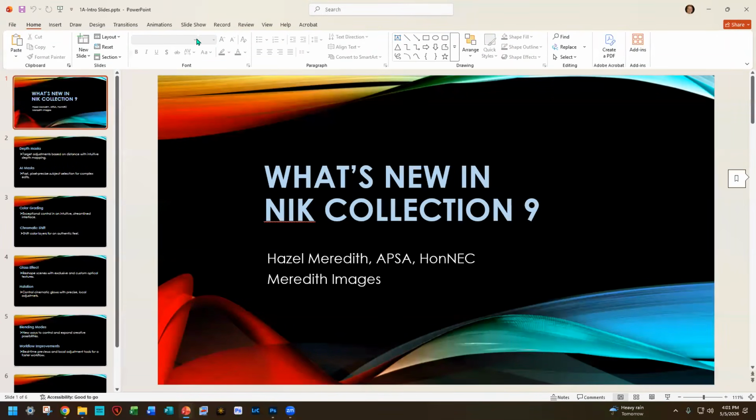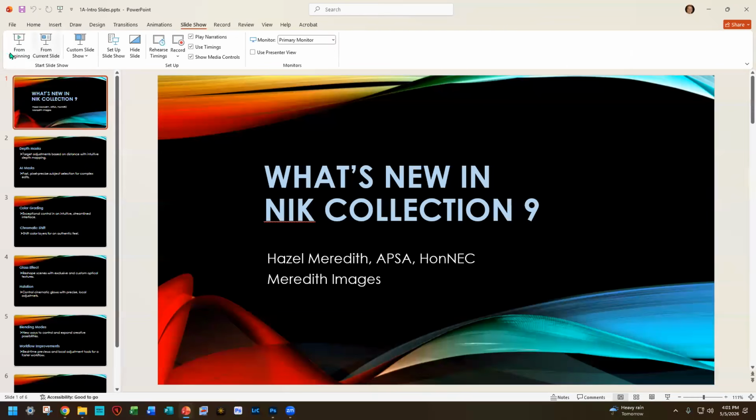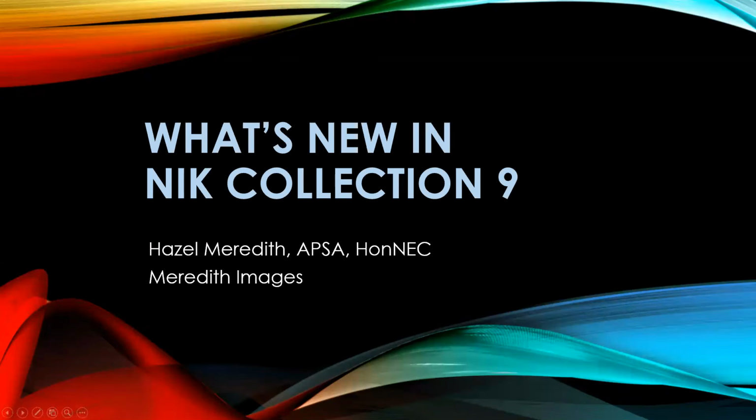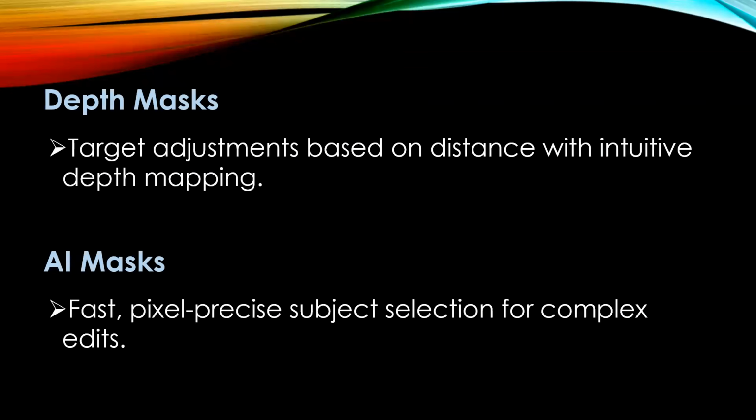So with that, I'm going to switch over, and we're just going to quickly go over, and this is what I've been posting in the blog and newsletter as well, but just to let you know what we're going to cover and what's new. One of the cool things they have now are depth masks. So they keep expanding on the ways we can make selections. So initially it was just the control points, and then we had different kinds of control points, and now we've got all kinds of good ways of selecting things to make it quicker and easier and more accurate.